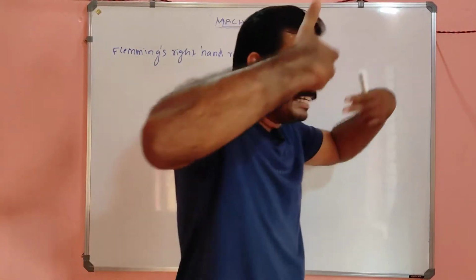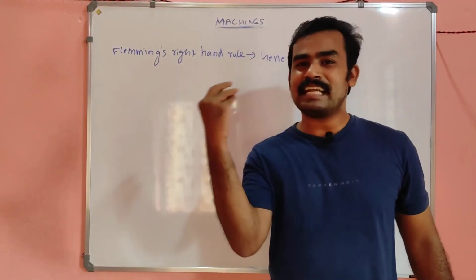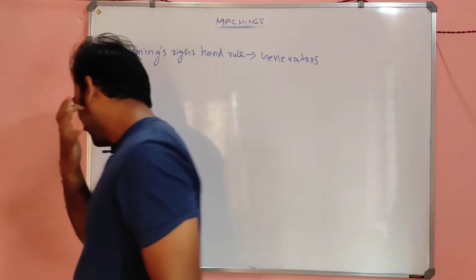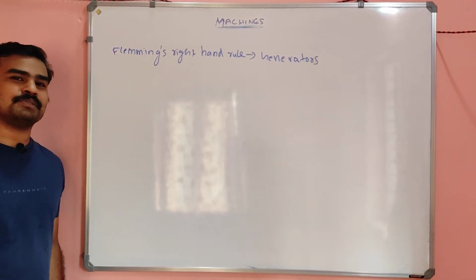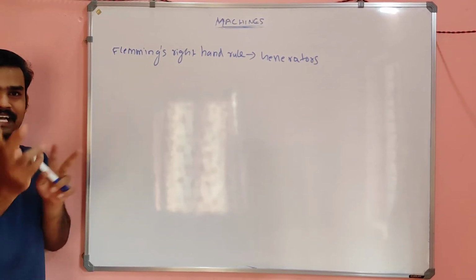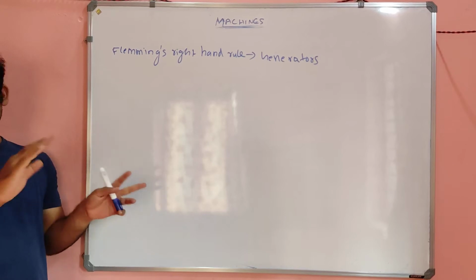So generator action is based on Fleming's right hand rule. By using the right hand we are eating, no? That is the simple example we normally use, because left hand and right hand are confusing, and sometimes they may be interchanged.